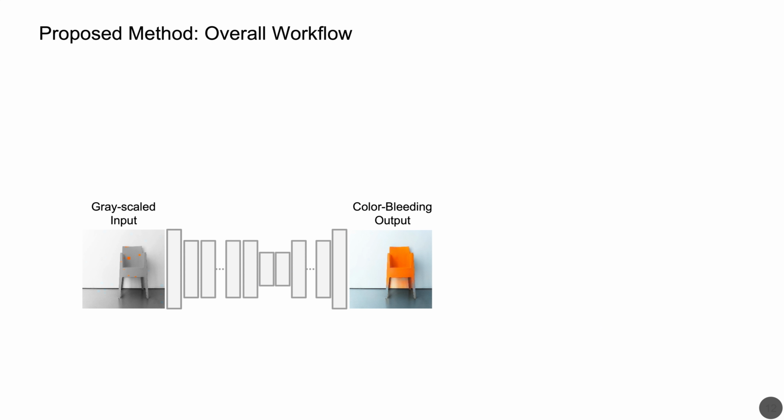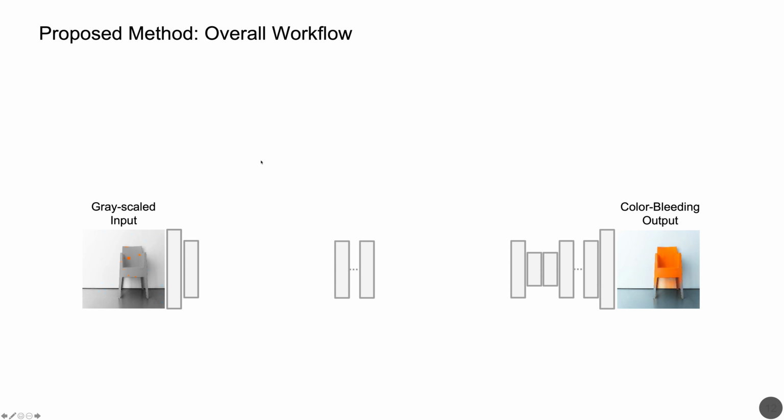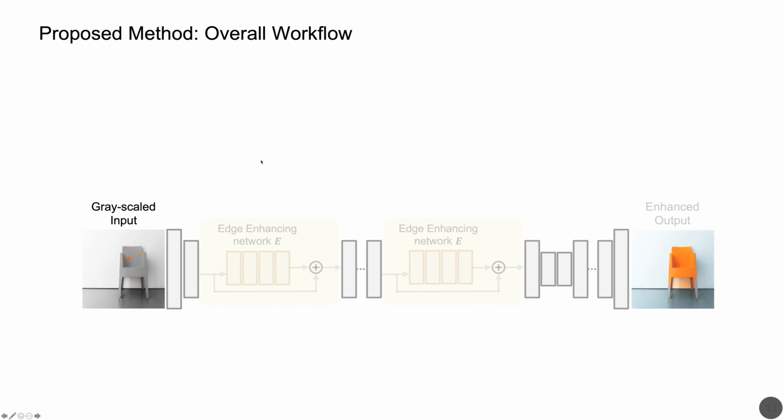Here is our overall workflow. Let's consider the network which takes a grayscaled image as an input and generates an initial colorized output. As shown in the slide, the legs of the chair have been mistakenly colorized with the colors of the ground. To improve such failures, we propose an add-on module called Edge Enhancing Network E, which can be simply applied to the intermediate layers of the colorization network.